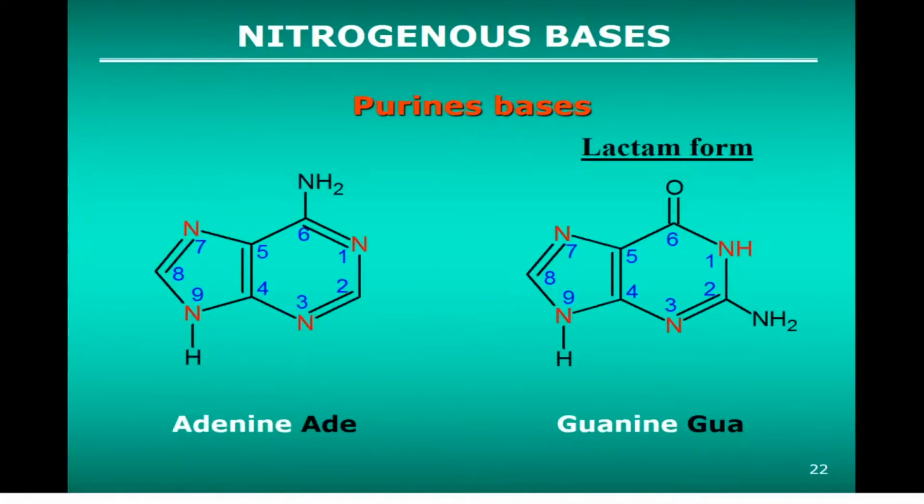And there are 2 types of purine nitrogenous bases, only one of them in a lactam form, guanine, GUA for short. For adenine, lactam tautomerism is not typical, impossible, because there is no OH group. It's an amino group, 6-aminopurine.